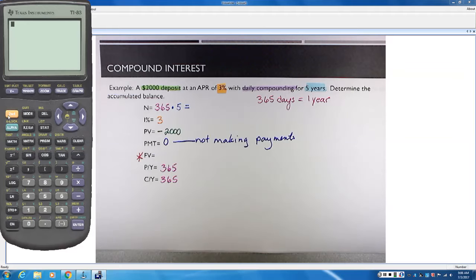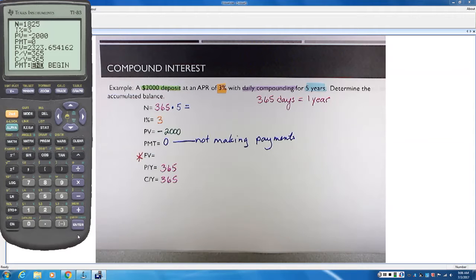So all we do is go second, x to the negative 1 to get to the finance, choose 1 for the TVM solver. Our number of payments is 365 times the 5 years. Notice you didn't have to multiply that out before. You could do it right there on that screen. The interest rate was 3%.